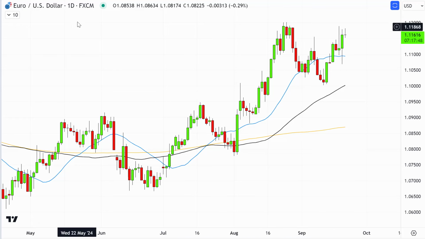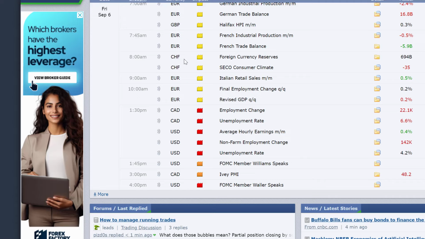Well, if we come over to Forex Factory here, then it's not going to show it, is it? We can't quite see it. So we had the average hourly earnings within the non-farm payrolls on the 6th. What we're looking at are 3 component parts. So we're looking at the headline non-farm.